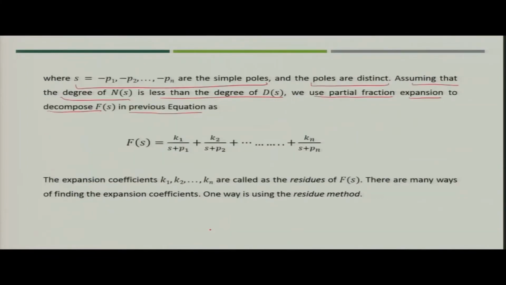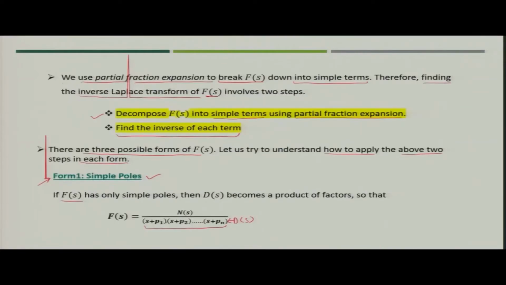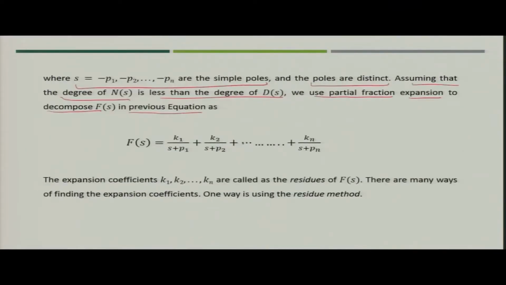We can represent this function as decomposed terms like k1/(s+p1) plus k2/(s+p2) and so on, where the expansion coefficients k1, k2 to kn are called the residues of the Laplace transform.